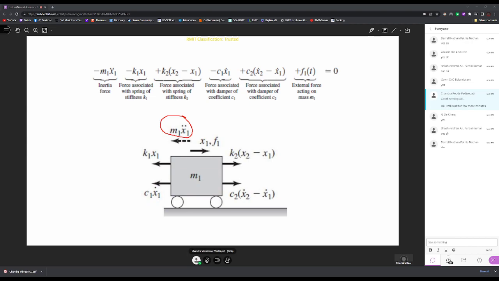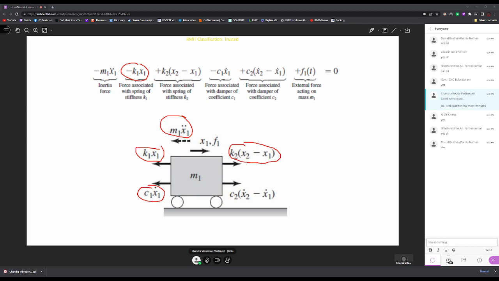Then the spring force is also taken as negative, minus k1 x1. Then the force associated with the spring k2, with a net displacement of x2 minus x1, we take as positive. Then the damper force C1 into x1 dot is the damping force here, which is negative.